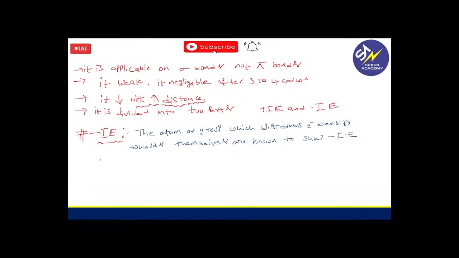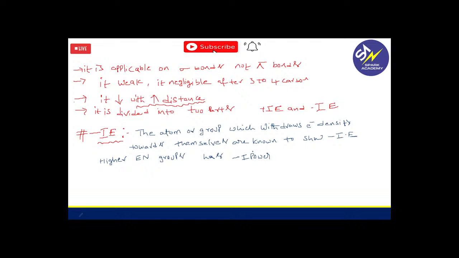Most important factor: higher electronegative atoms or groups have more minus IE power.